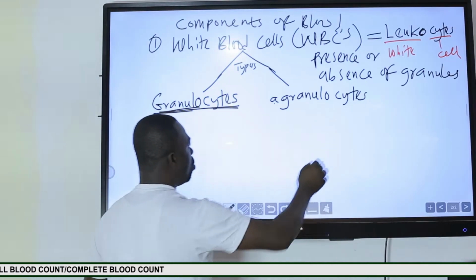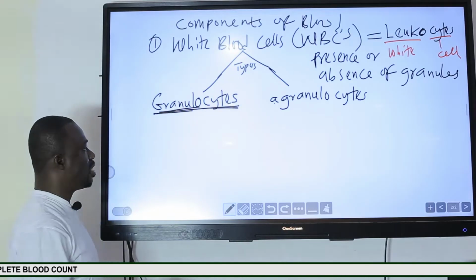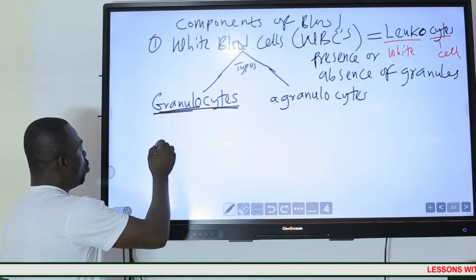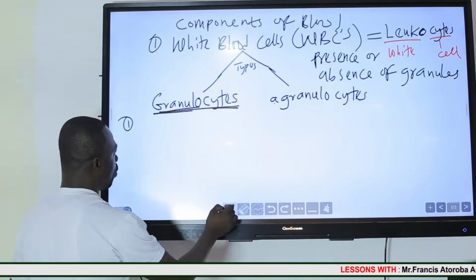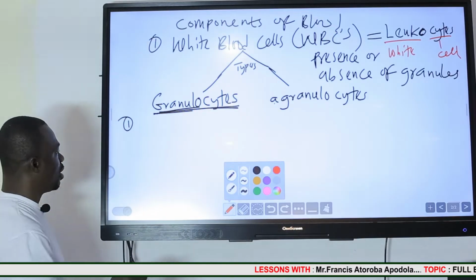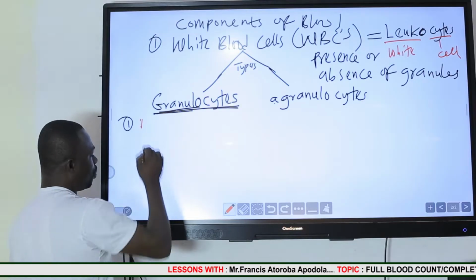So agranulocytes are white blood cells without granules in their cytoplasm. Let's quickly list those white blood cells with granules in their cytoplasm. They include neutrophil.